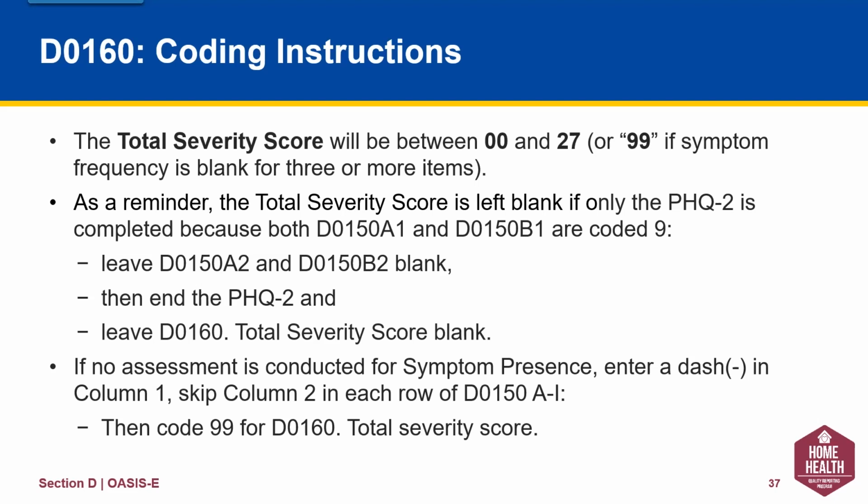And remember, when you do that, you would leave D0150A2 and B2 blank in the PHQ-2 and leave D0160, the total severity score, blank. If no assessment is conducted for symptom presence, you'll enter a dash in column 1, skip column 2 for each row D0150 A through I, and then code 99 for D0160 total severity score.